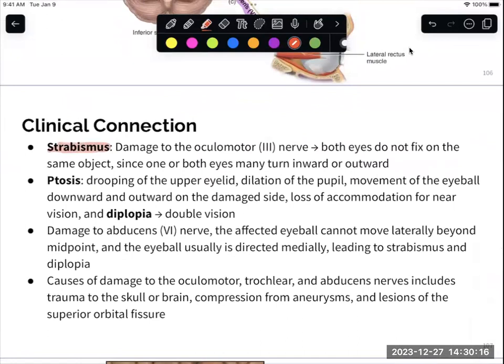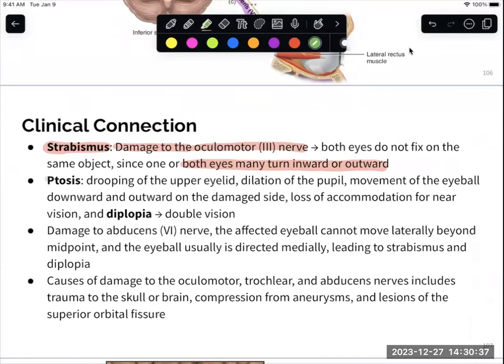Strabismus, damage specifically to that oculomotor nerve. So both eyes, if it's to both eyes, may turn inward or outward. They end up usually with some sort of double vision.